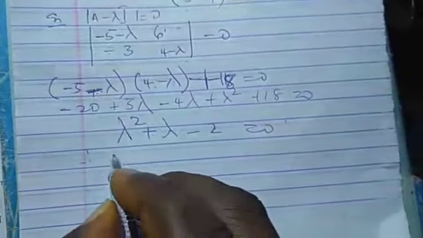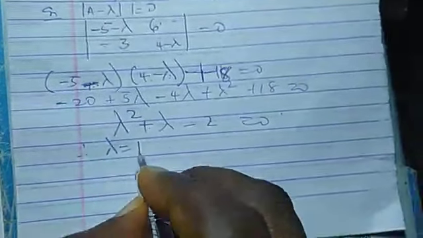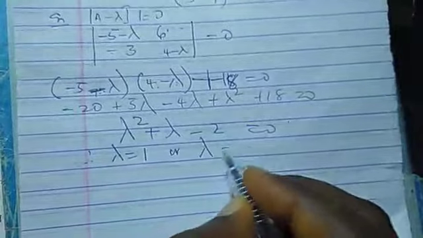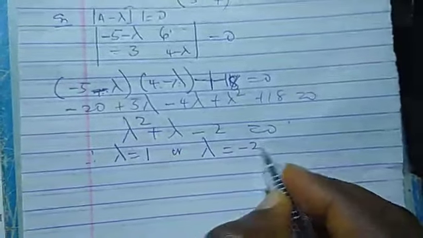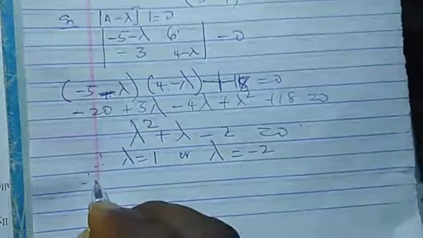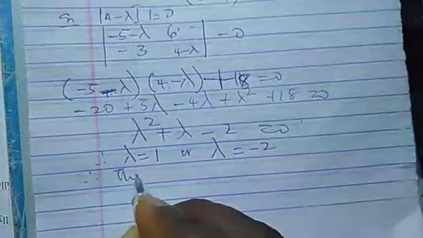When we solve the quadratic equation, we are going to have that lambda is 1 or lambda is minus 2. Therefore, the eigenvalues are 1 and minus 2.